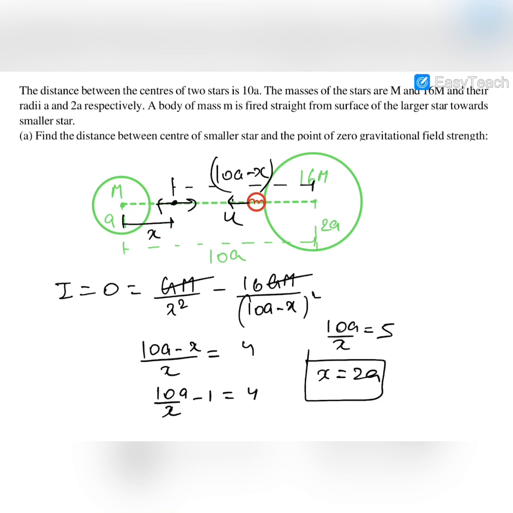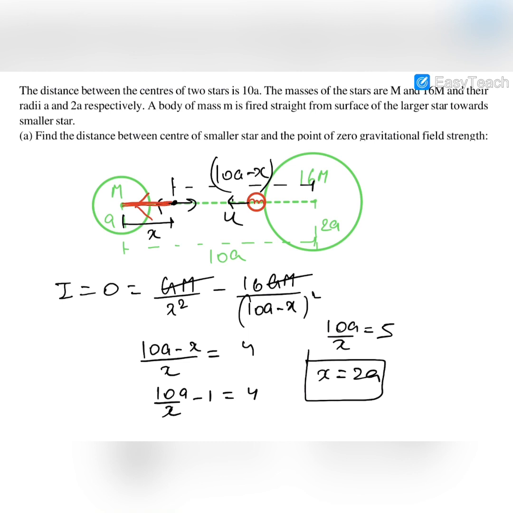Now we know that in this region, let me show you, in this region the gravitational field of this smaller star will dominate, and therefore the net gravitational field will be towards this star.